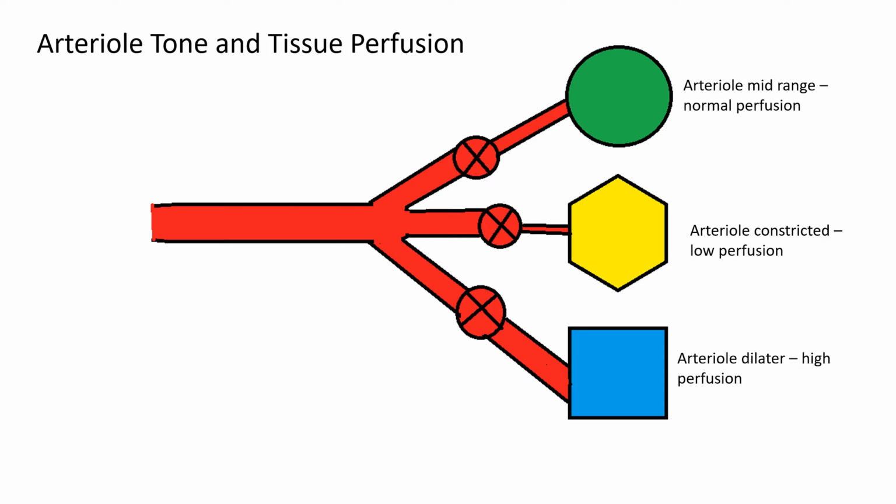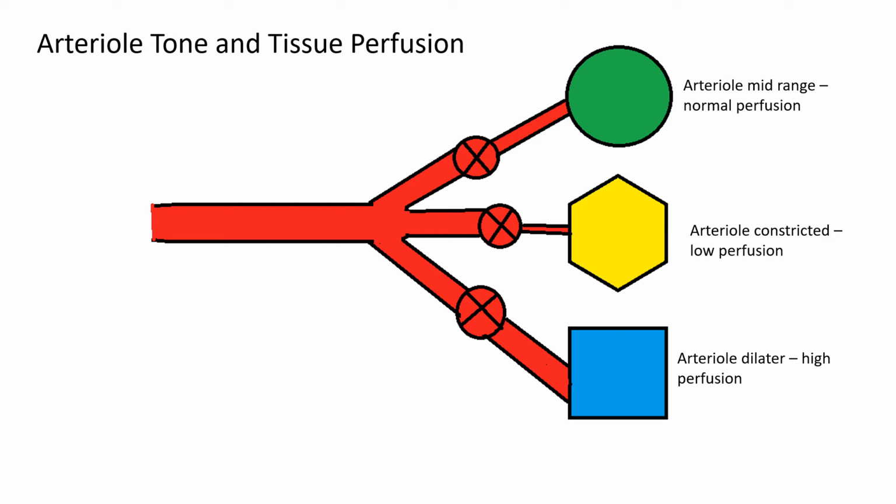So if we start with the yellow physiological state, this is a state where the arterial tone is high. There's vasoconstriction of the arteriole smooth muscle, and because of that, we can see that capillary flow to the tissues in this state is low.